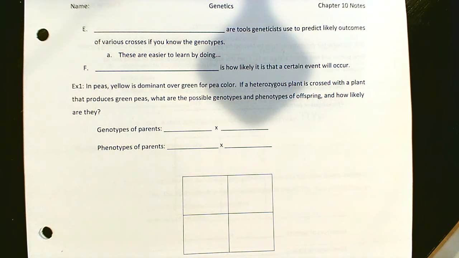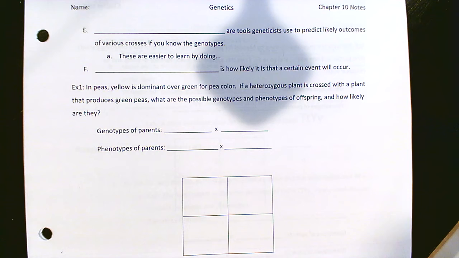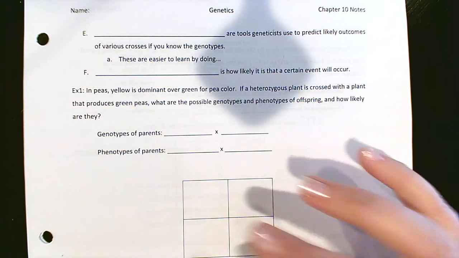Alright guys, we're going to go ahead and finish out section 10.1. It's mostly going to be learning how to do Punnett squares and interpret probabilities in your crosses here.